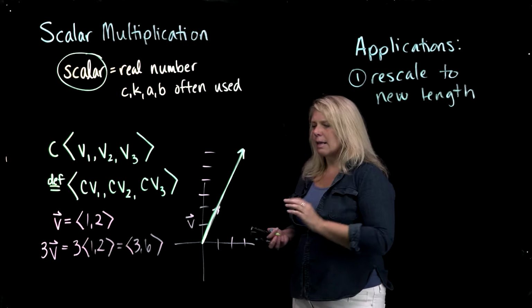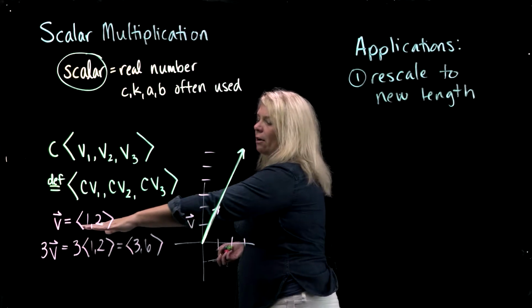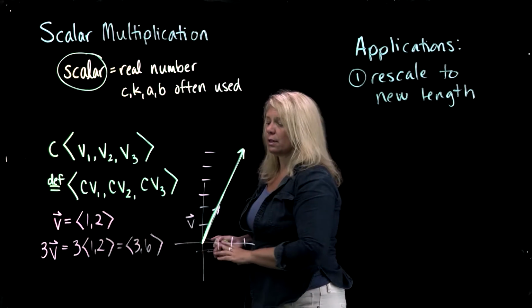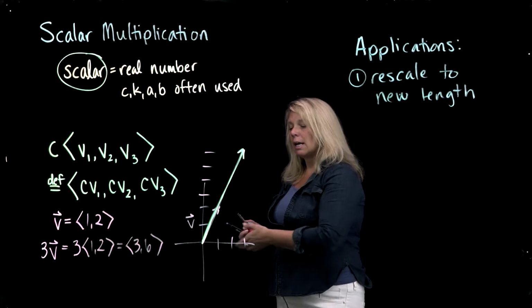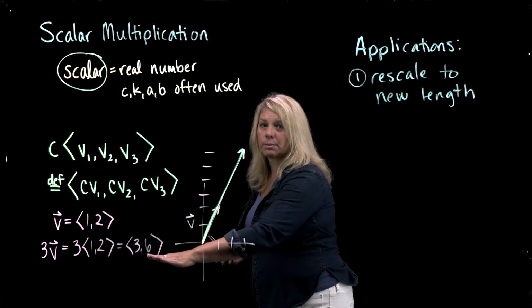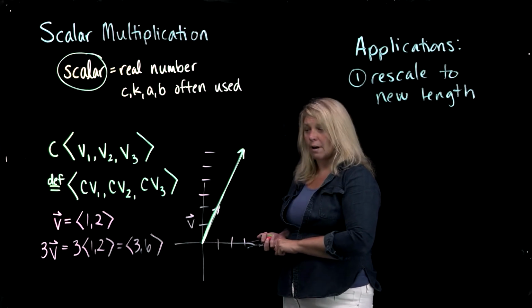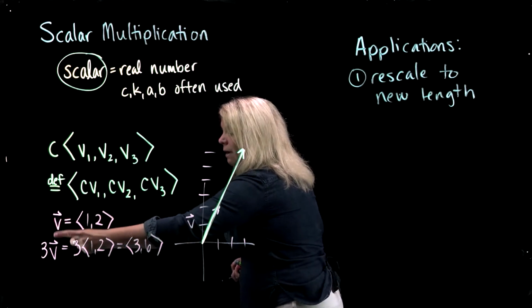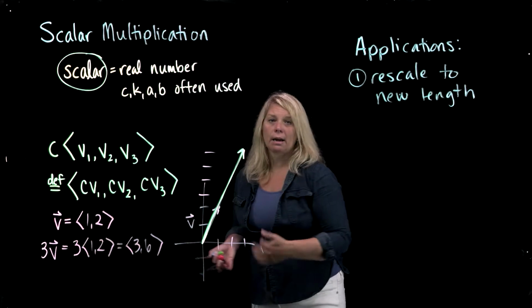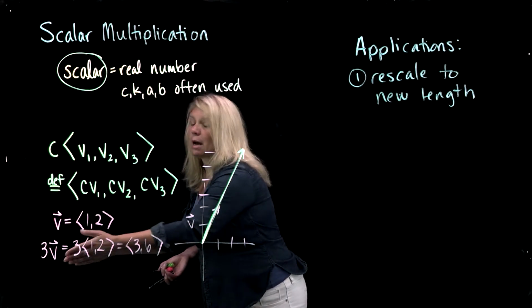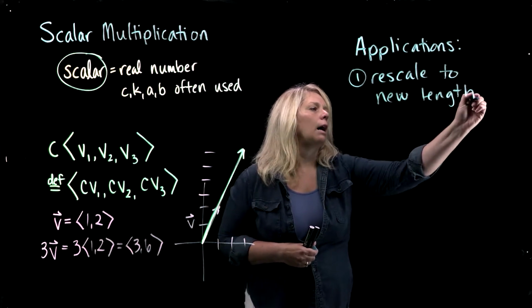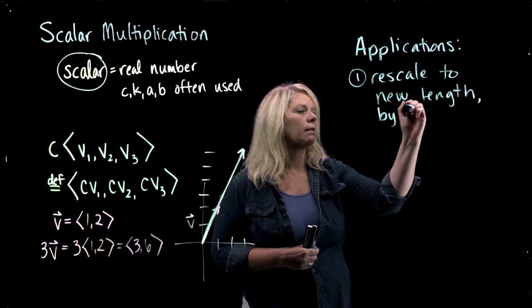And so if we want to think about that here, you can easily calculate the magnitude of this first vector would be square root of 5, using the formula for magnitude of a vector. And then the magnitude of this vector would be square root of 45, which is 3 times square root of 5. So you can see that multiplying by that scalar 3 rescaled the vector by 3 times as much, to a length of c times as much in general, by a factor of c.